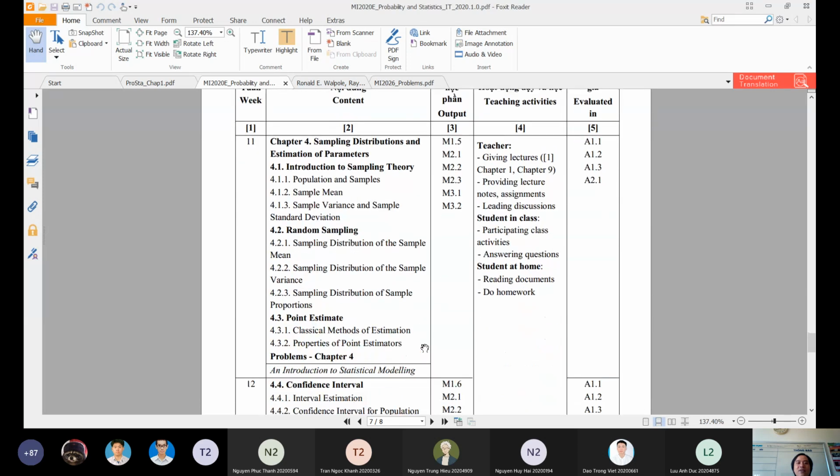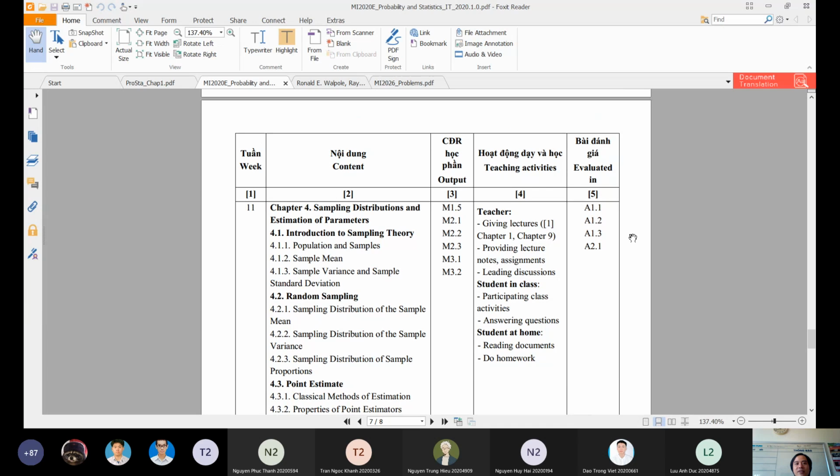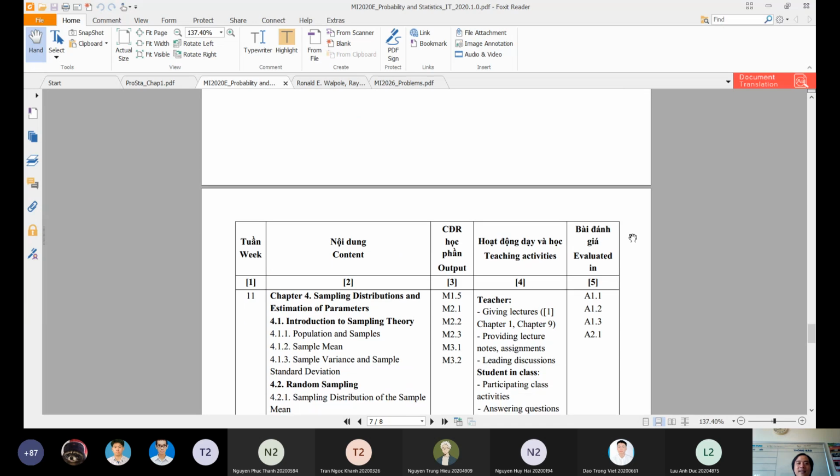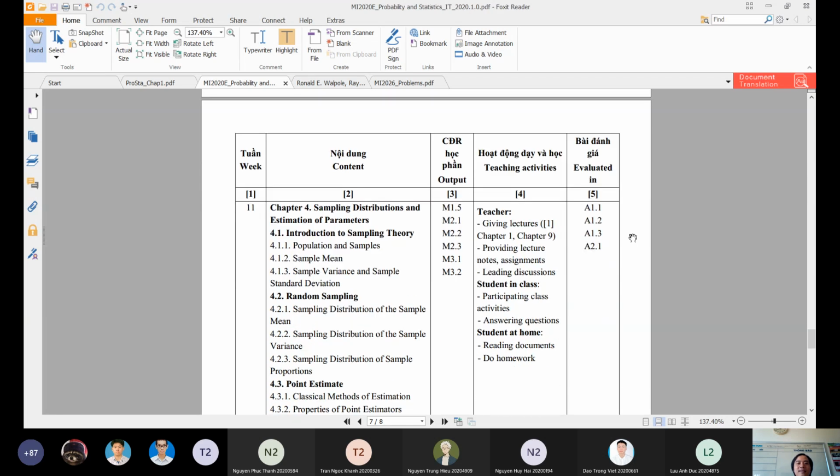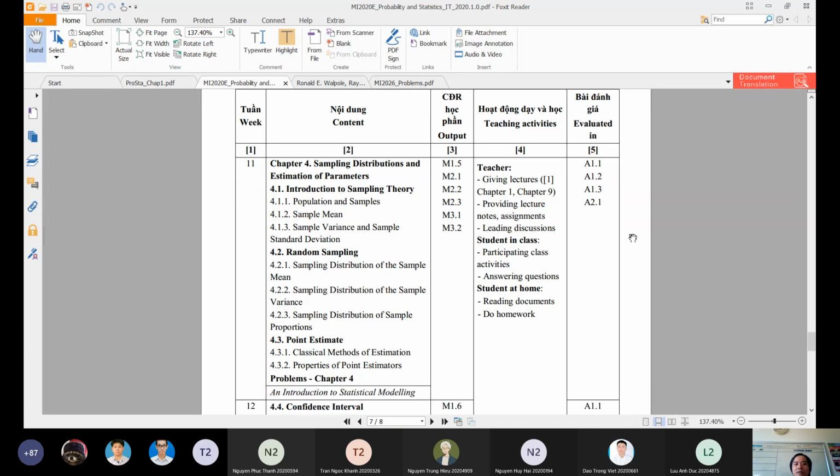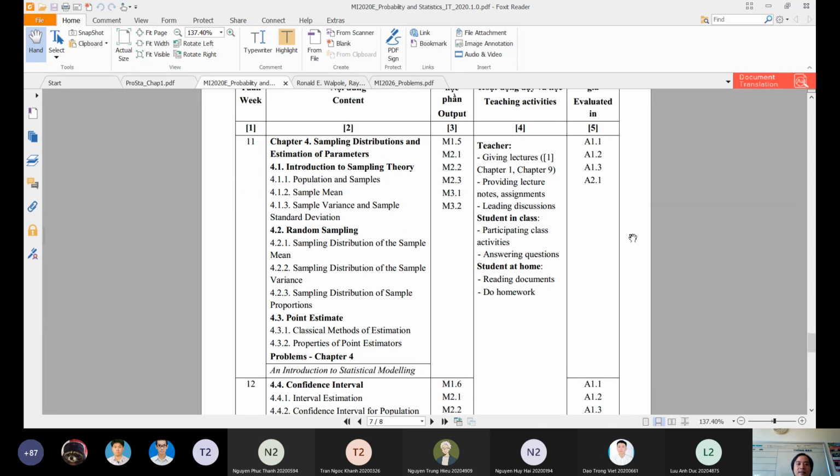And next, from chapter 4 to chapter 5, we will consider theory of statistics. In the first 3 chapters, we consider theory of probability, and for the last 2 chapters, we consider theory of statistics. That means we consider sampling distribution, sampling theory, how to draw a sample from the population.